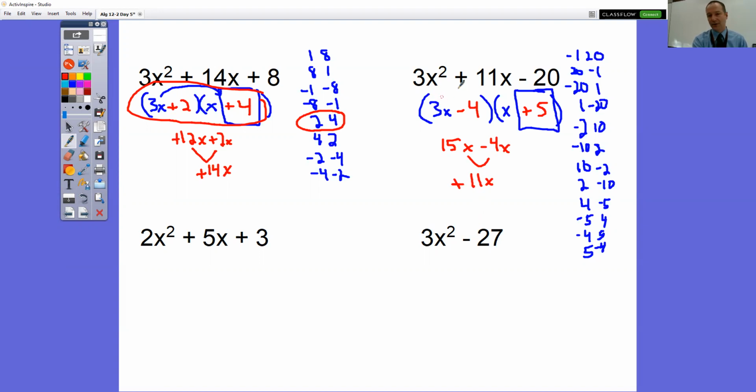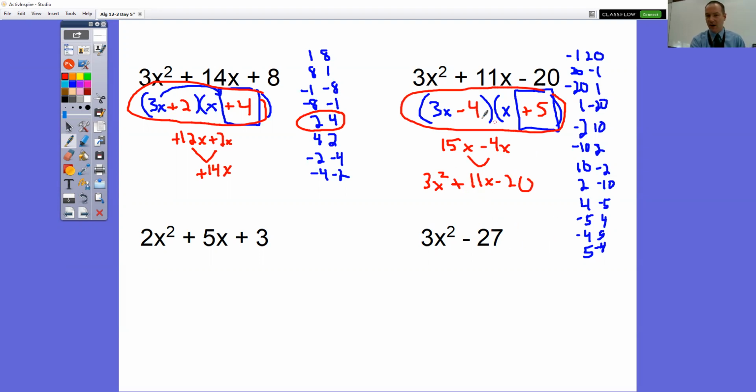Notice that our first work, 3x times x is 3x squared, and -4 times 5 is a +20. So we do end up with the same exact thing that we started off with. So our answer here would be 3x - 4 and x + 5.